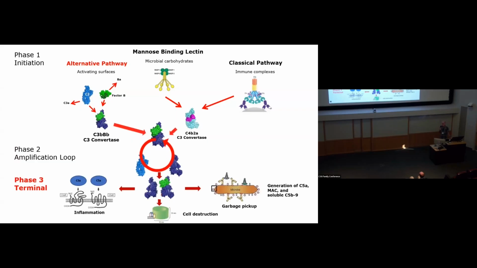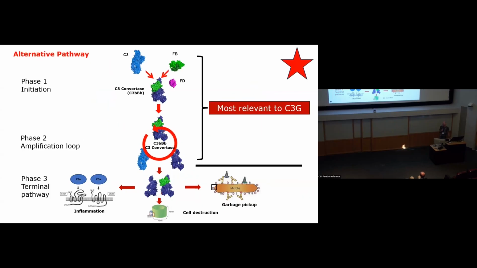So relevant to us, relevant to C3G, is the alternative pathway. So in the complement system, the only thing you need to remember is the alternative pathway. The alternative pathway is the initiation phase. There's an amplification loop with C3 convertase. So you need to remember the amplification loop. And then there's the terminal pathway.